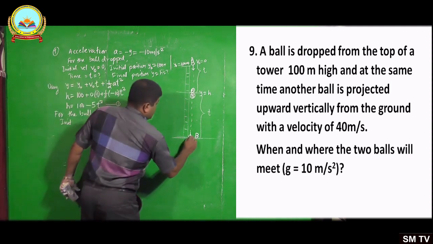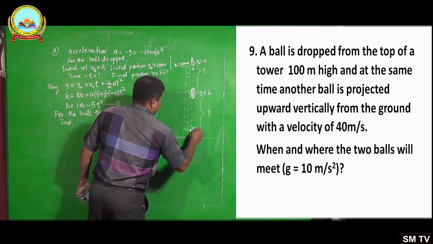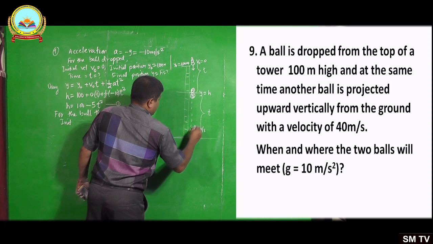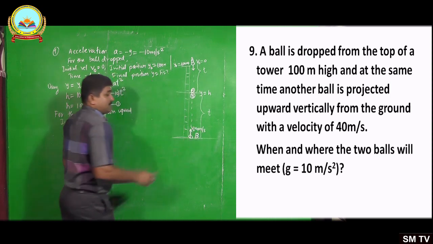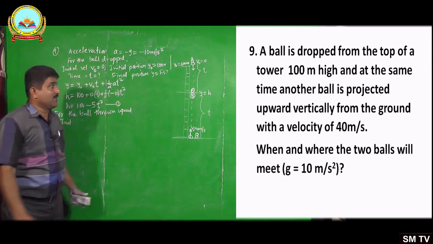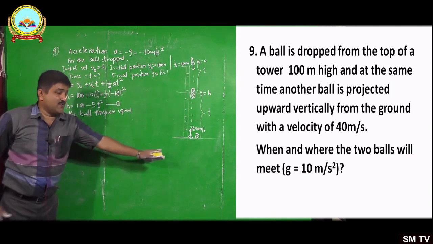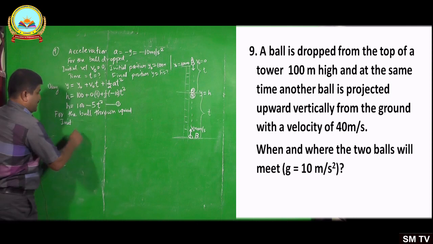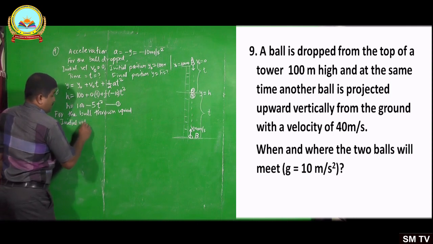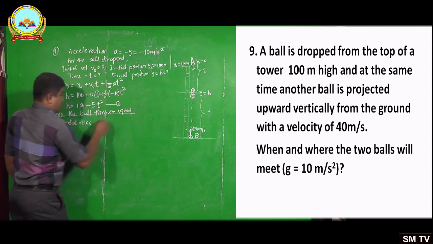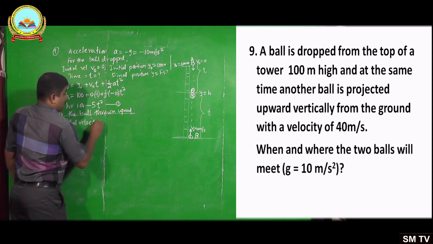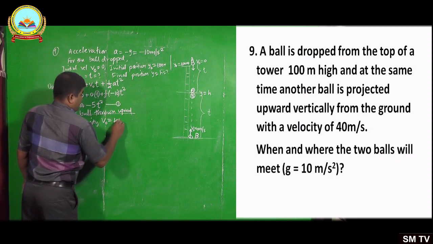Initial velocity while projecting upward v naught is 40 meter per second for this ball thrown upward, that is projected with certain velocity. This is dropped from the top of the tower, so velocities are not the same. This is 40 upward, plus 40 we have to take obviously. So initial velocity for the ball thrown upward is v naught equal to 40.